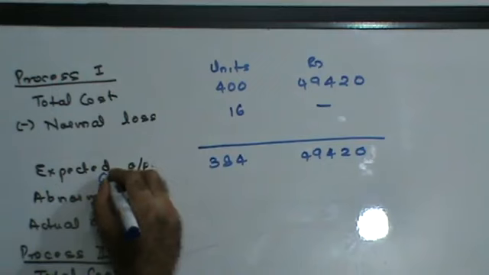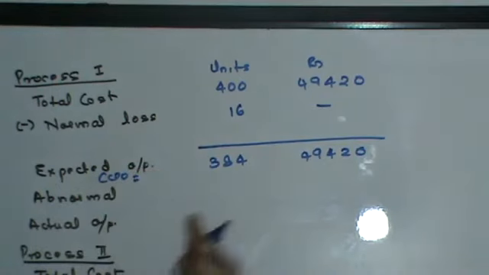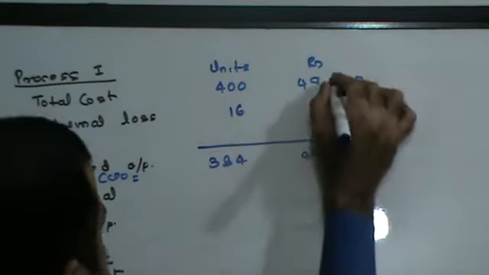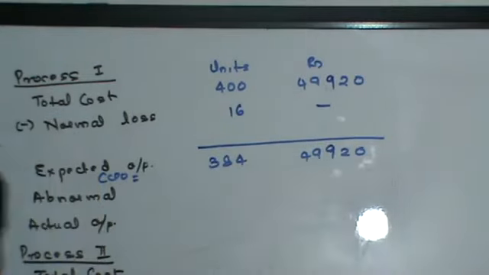Get the CPU first. CPU will be how much? The total is going to be 49,920.